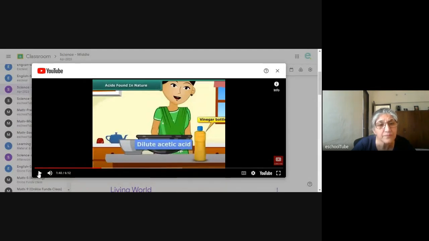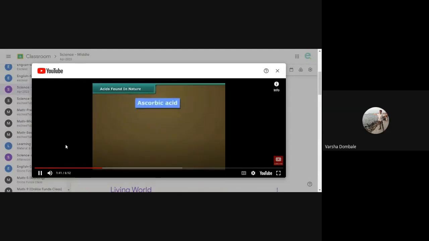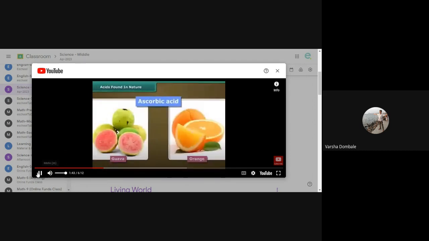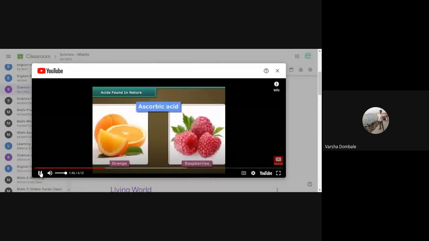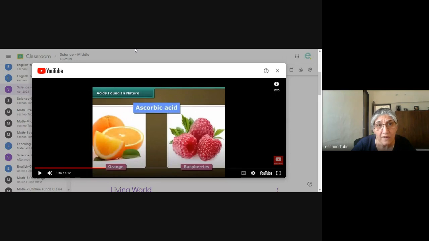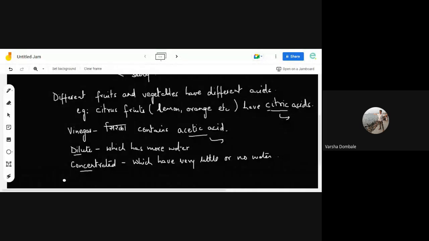Next, ascorbic acid is found in guava, orange, raspberries, etc. So which acid is found in guava, berries?